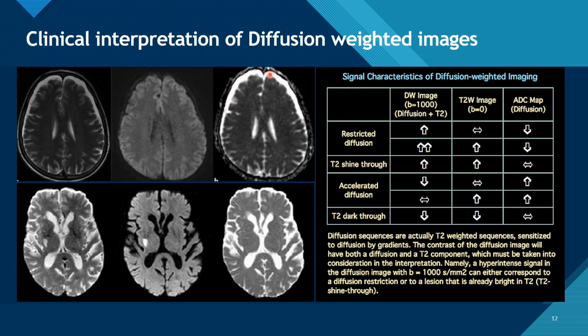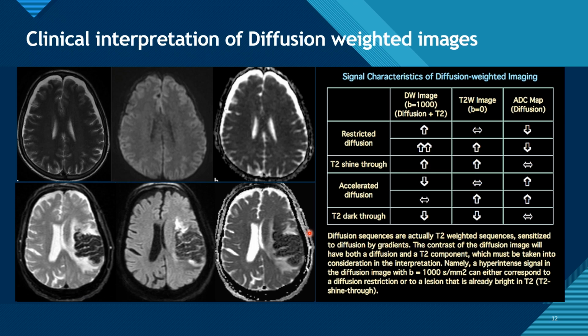And as we have just discussed, the high signal on ADC image here in areas with facilitation is due to the steep curve or the steep logarithmic curve of the CSF. So this is actually a prominent extraaxial CSF space. As we see here, it is low or iso-intense on the diffusion weighted image. It is high or iso-intense on the T2 weighted image, and it is also high on the diffusion or ADC map.